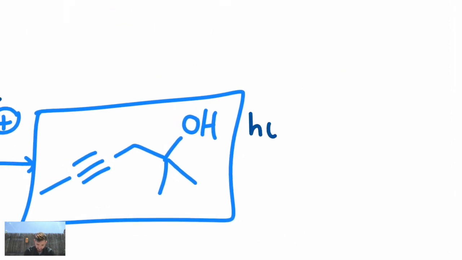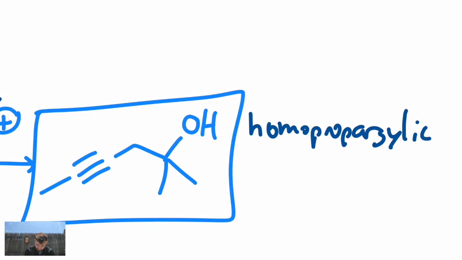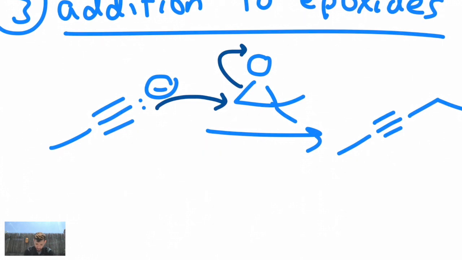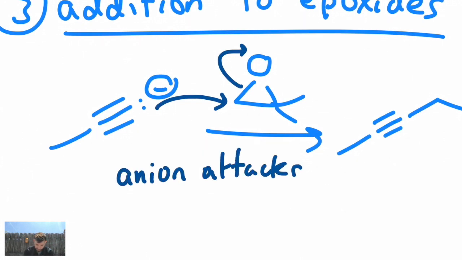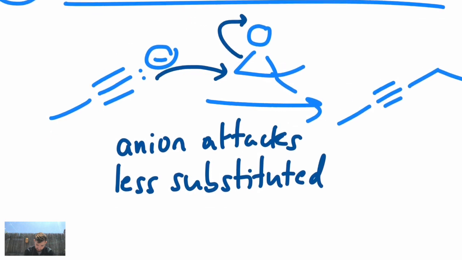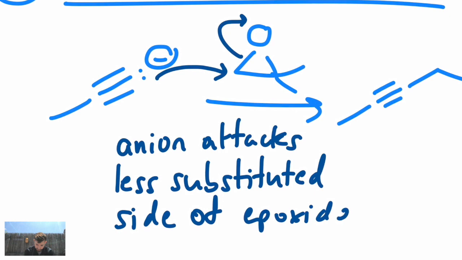So they actually call this a homopropargylic alcohol, where that means homologated, one extra carbon, one more carbon away. Make a note about what we showed but didn't write in words. Anion attacks less substituted carbon. Less substituted side of epoxide.